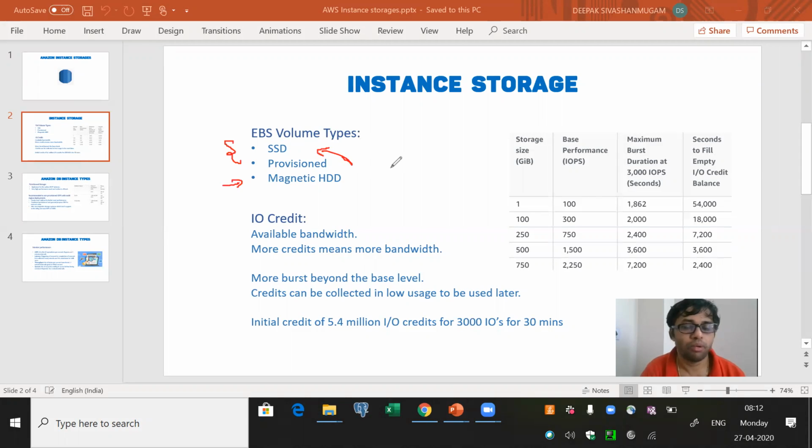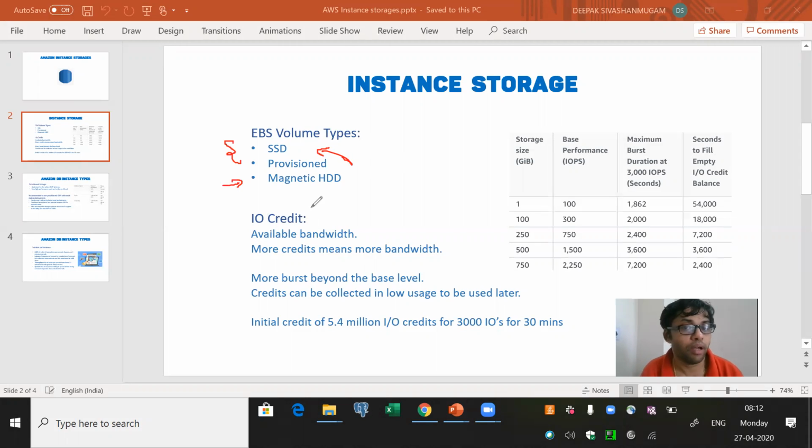To understand more about these EBS types, do check my video series under the compute section, where I talk about Elastic Block Store in detail.